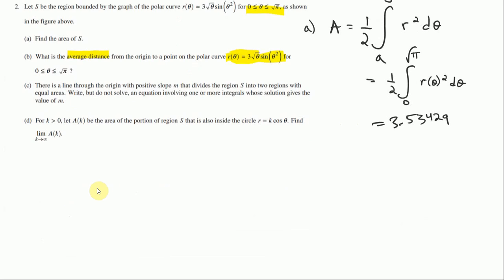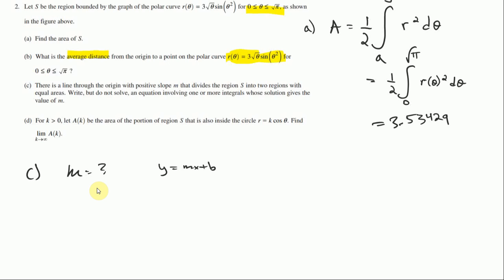So for C, this is part C, we're looking at m. Now what is m? M is the slope, right? But what is slope going to be here? Well, we know that usually we've got our line like y equals mx plus b, right?